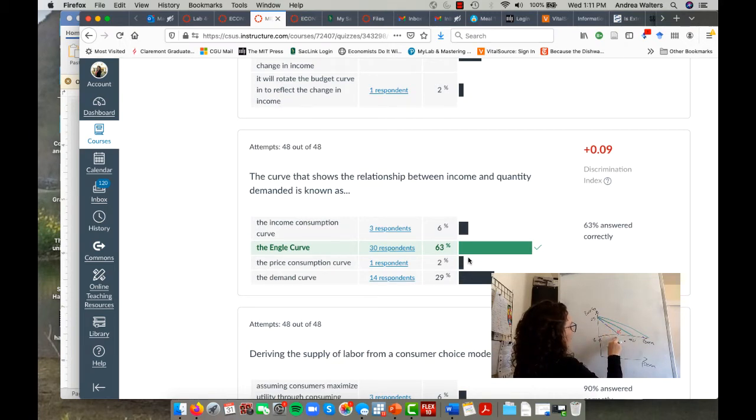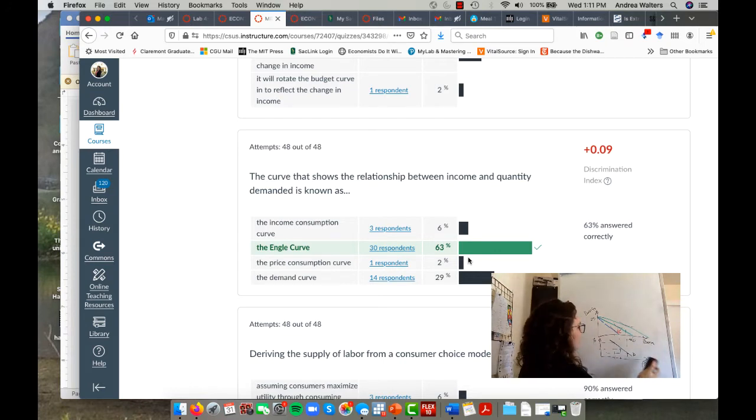When the price of pizza is low, we're going to consume a little bit more pizza. So maybe this is our first constraint. This is our second one. And this is our third one. So we're going to have these points that show us that as the price of pizza changes, our demand for pizza changes. That was the demand curve.